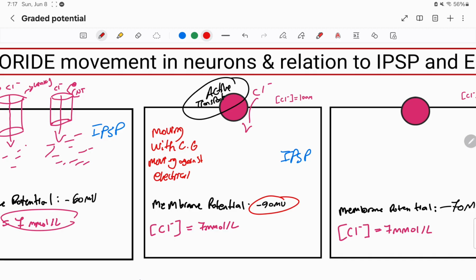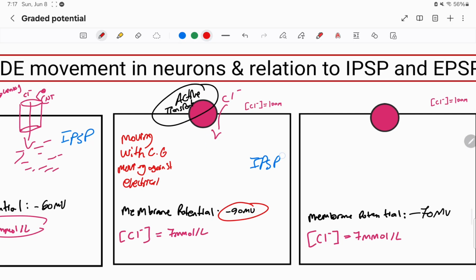Remember, chloride reaches equilibrium at -70, meaning there would be no net movement anymore. But we want to force an IPSP to occur, so we have to use active transport to forcefully bring more chloride in, because the electrical gradient is stopping us. So we have to use energy, and that may require ATP, or it may be secondary active transport.